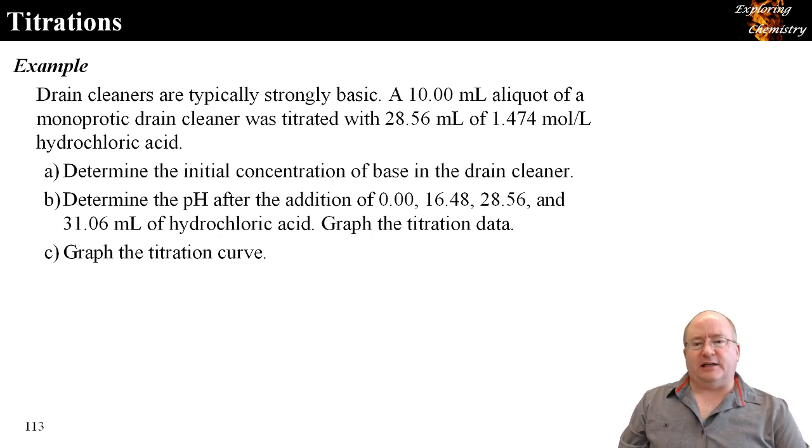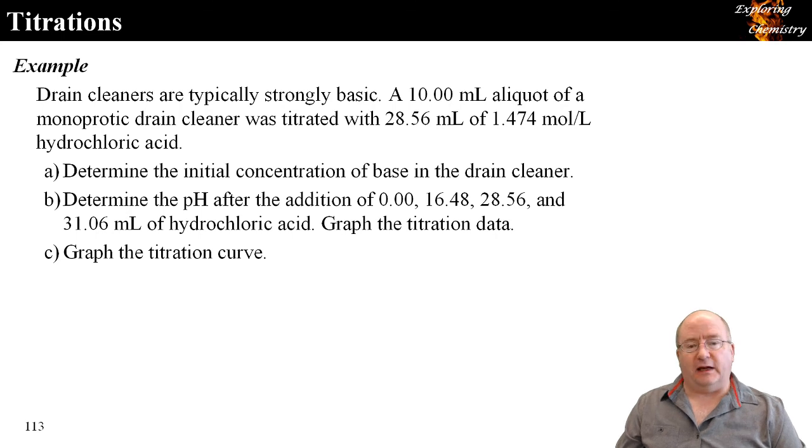This is the titration of a weak acid with a strong base, of course. This is always left as a student exercise, so I would like you to go through and practice this. What I hope you find as you go through and do this is that it's the same calculation again and again.